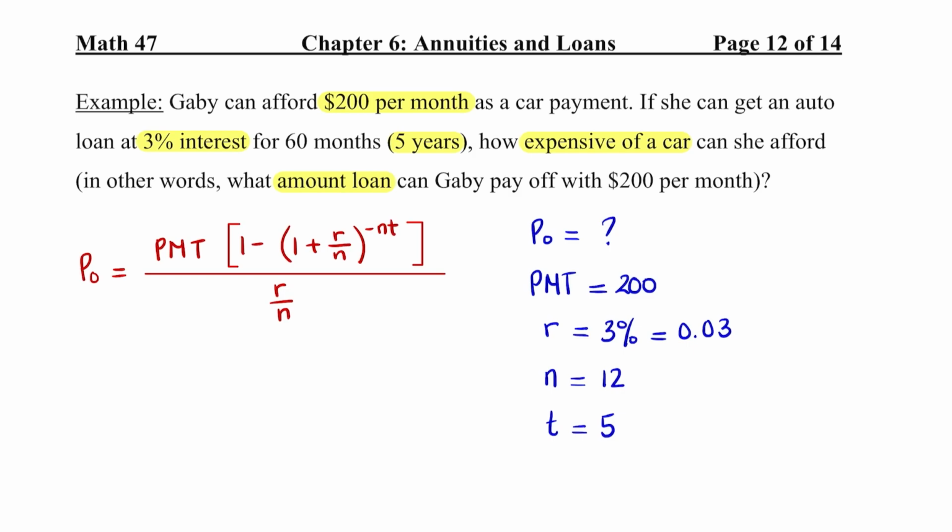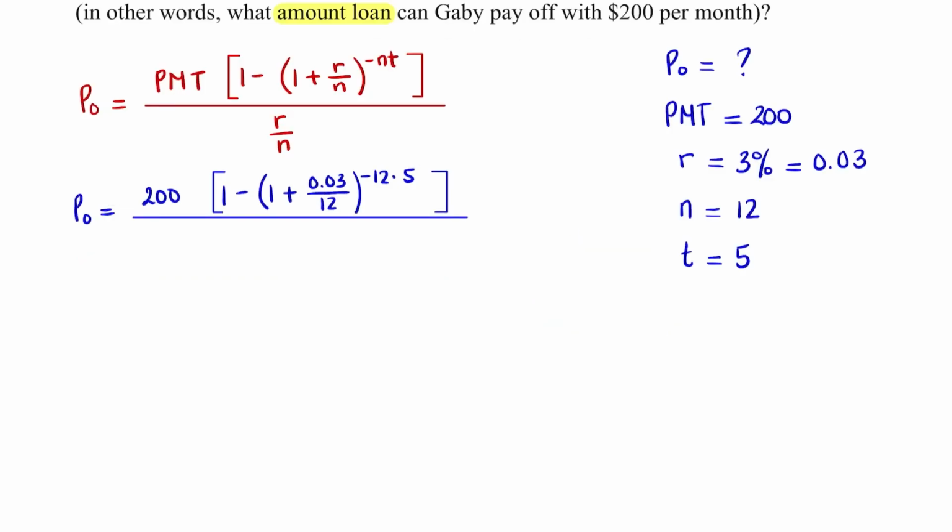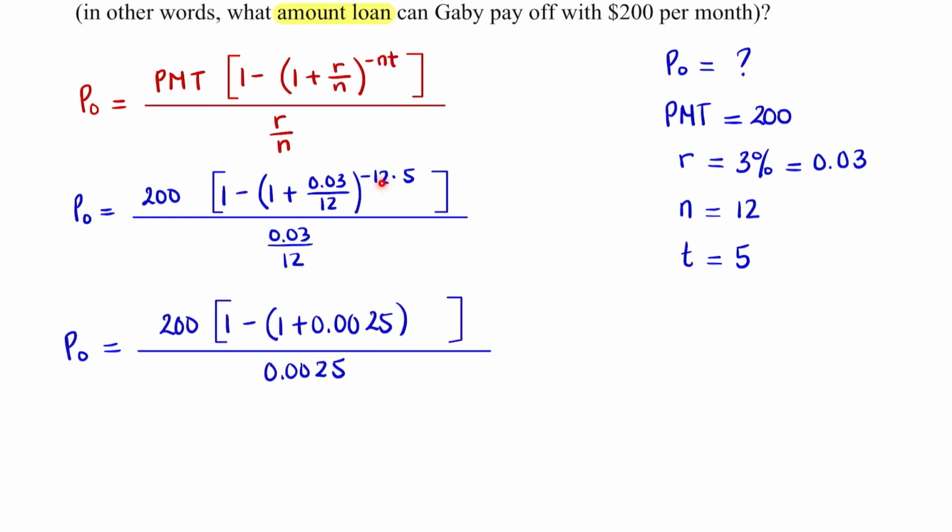I am going to substitute PMT with 200, R with 0.03, N with 12, and T with 5. From here, I'll take 0.03 divided by 12 first. So that is 0.0025. And negative 12 times 5 is negative 60.